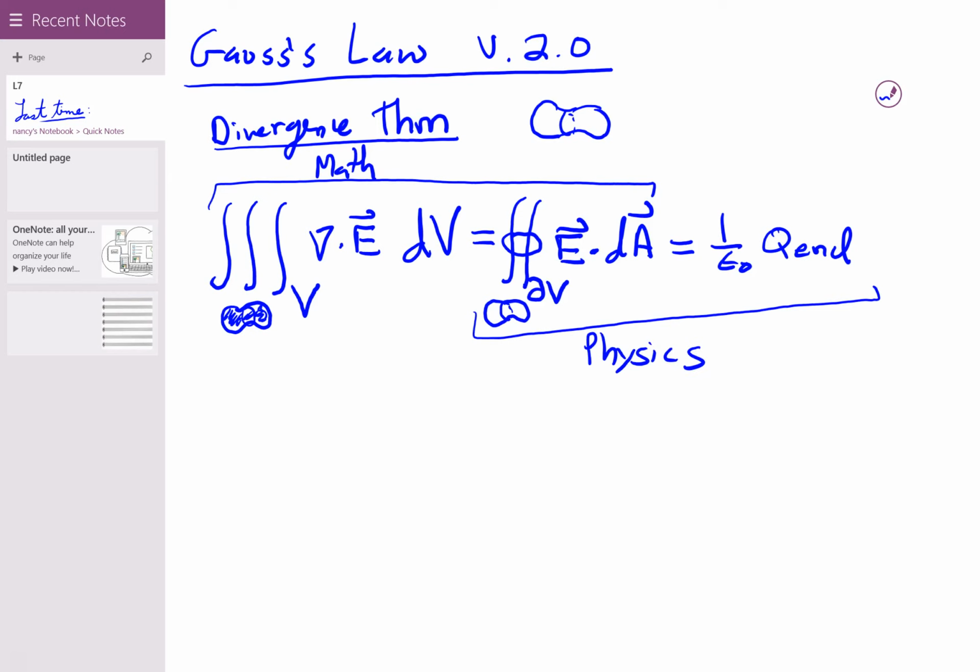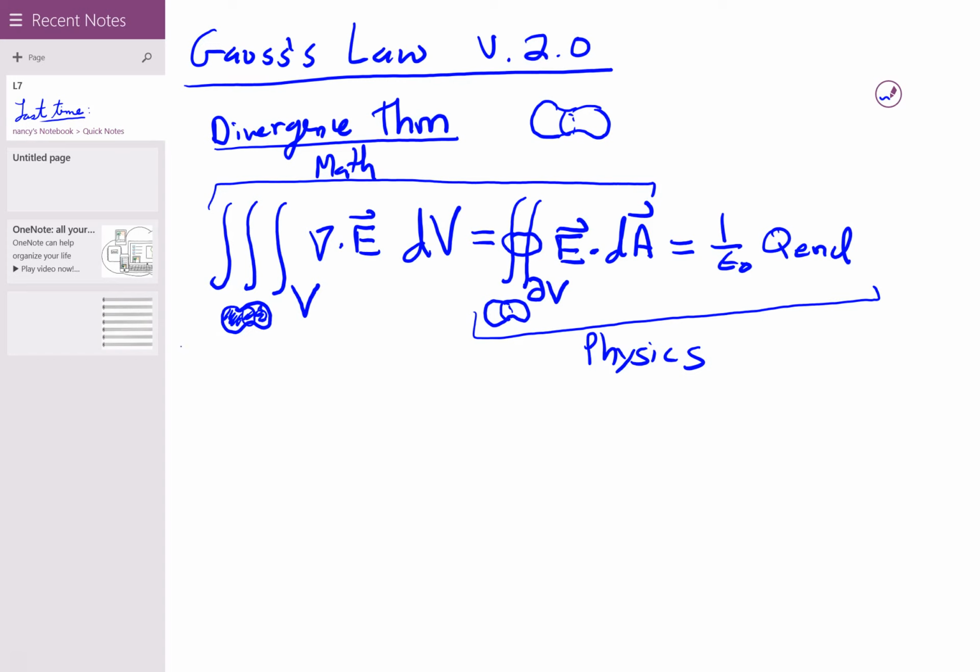Now, to turn this into something a little bit more powerful, to manipulate this so that I can actually get a differential equation for the electric field, I'm going to play two tricks. The first trick is I'm going to divide this whole equation through by the volume of my funny little peanut. So let me do that.